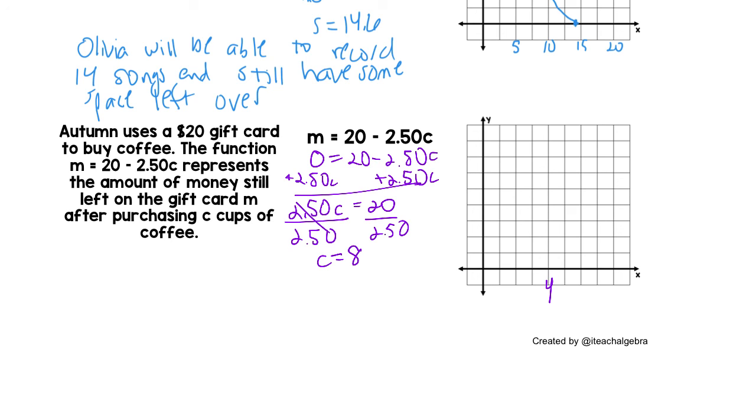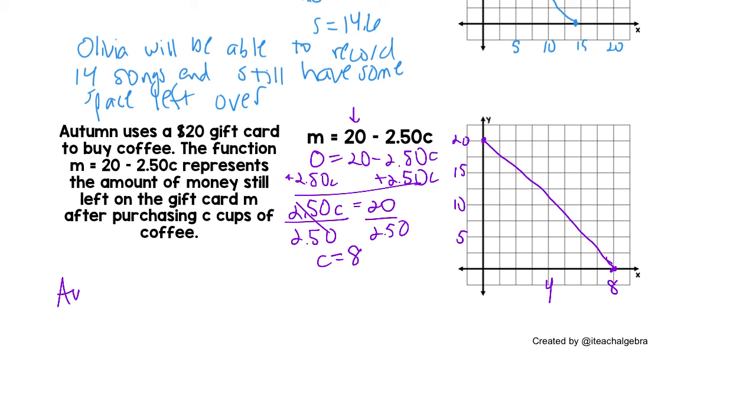We can make those each one. And our x-intercept is 8. We can also see here our y-intercept is 20. If we make these like that, we get 20 at the top. And that's how our function graphs.